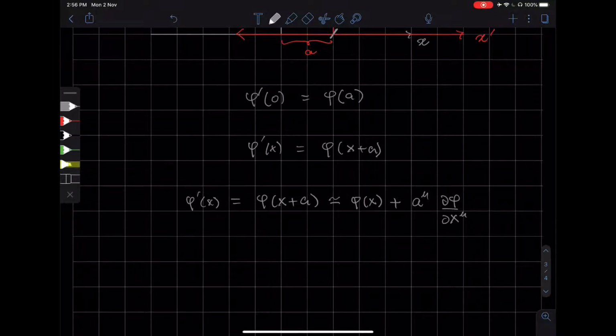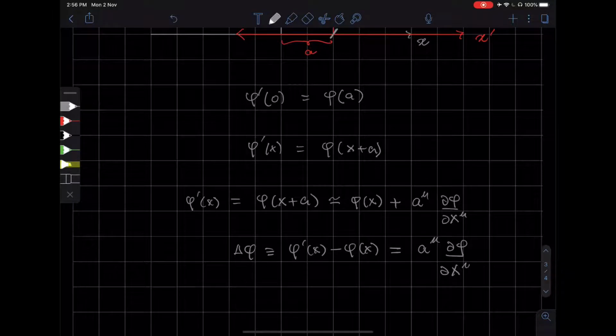Then the change in phi, which is defined by phi prime of x minus phi of x, is given by a mu del phi over del x mu.